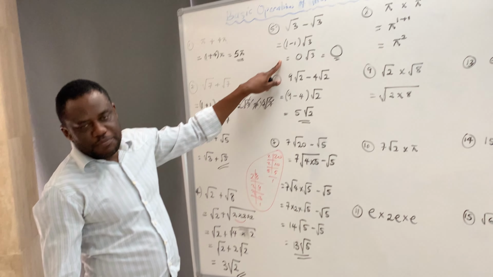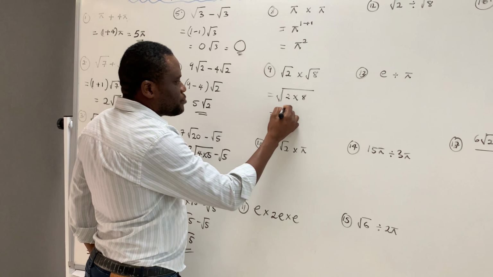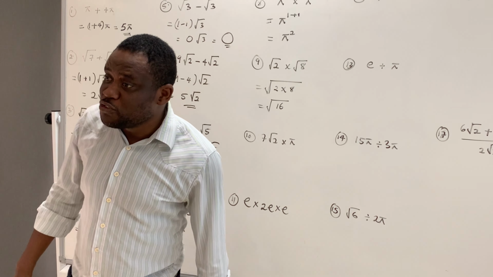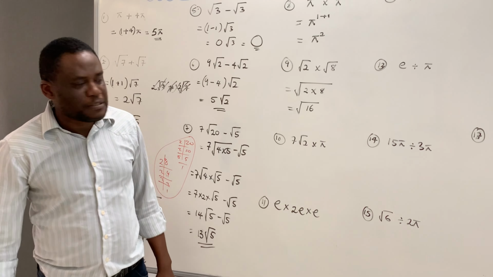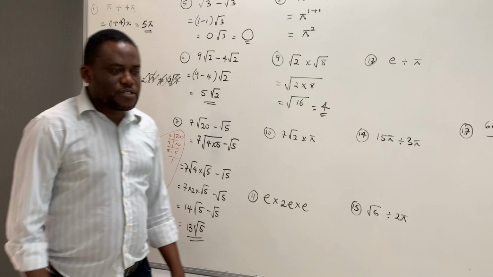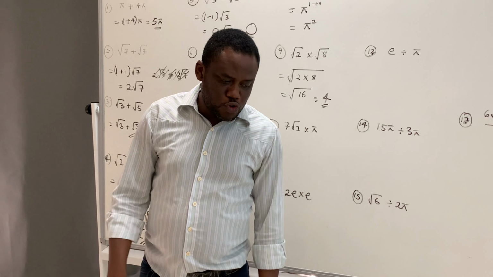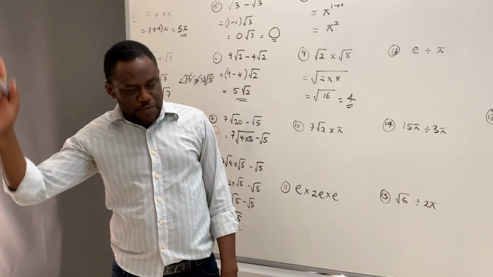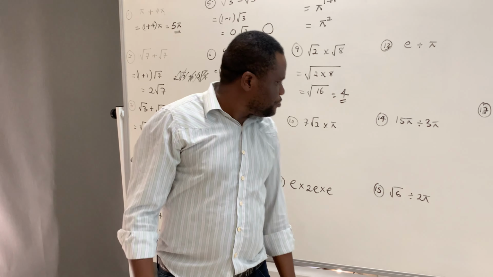And this guy cannot do this. So 2 times 8 is what? 16. And 16 is a perfect root. Right? What is the root of 16? 4 is the root of 16. Square. We have cube root also. So that's quite good. But I don't want to go too deep there now. We are going to see it more in the future.